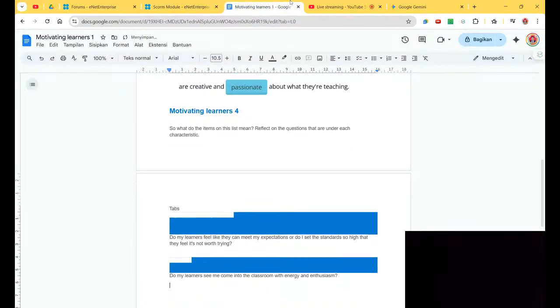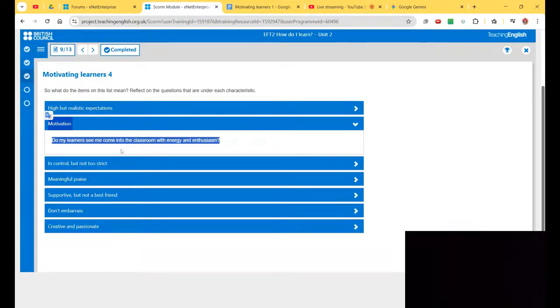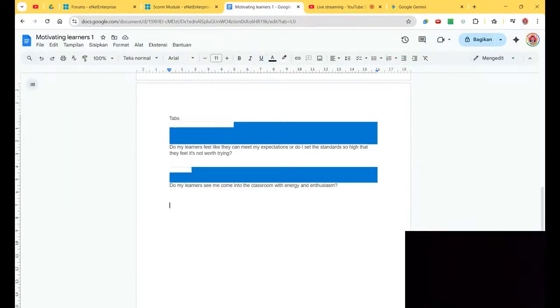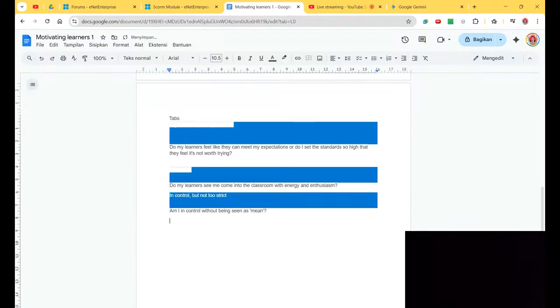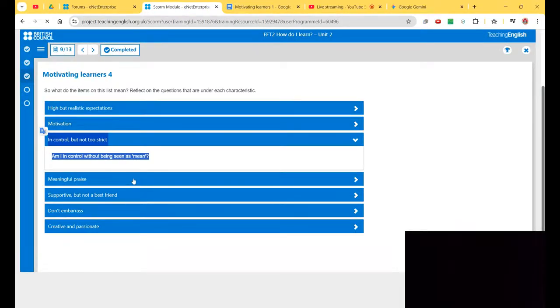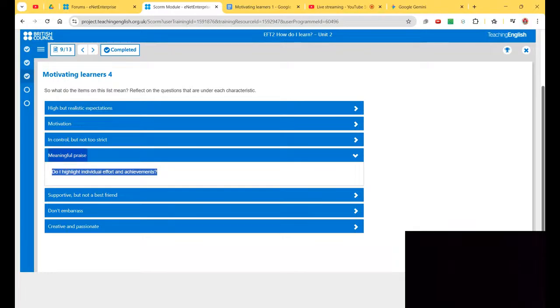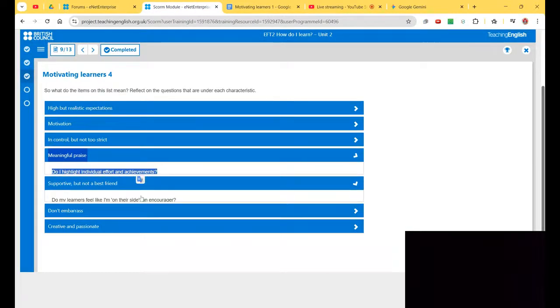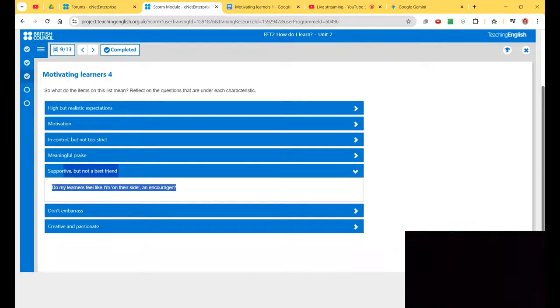Encouraging but not too strict: am I capable of being seen as kind? Meaningful praise: do I give praise that reflects real achievement? Supportive: do my learners feel like I'm on their side, an encourager?